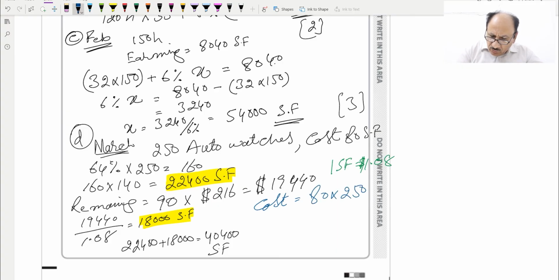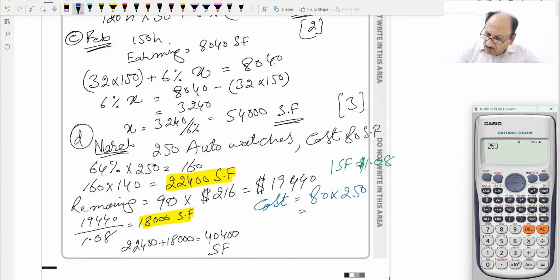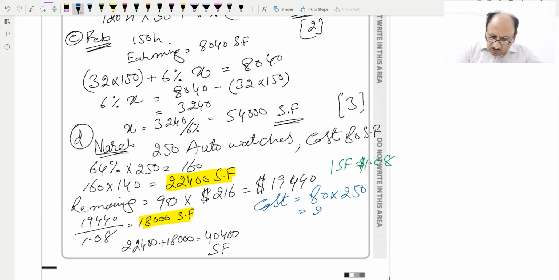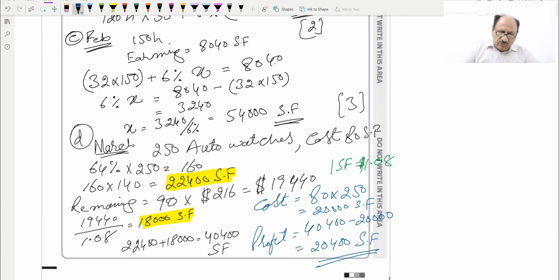So 250 into 80 is equal to 20,000 Swiss francs, and profit will be equal to 40,400 minus 20,000, and this will be 20,400 Swiss francs profit. And this was a question for 5 marks which we have done.